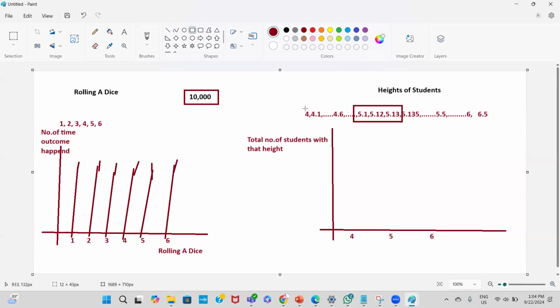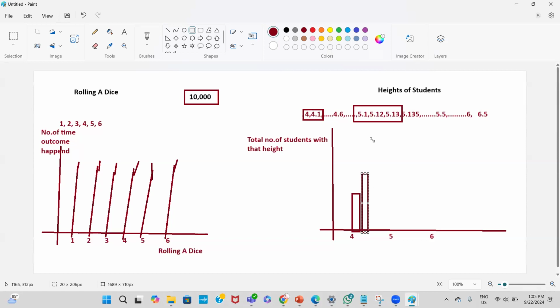Let's suppose I divide this into bins: from 4 to 4.1, I get 10 students in this range. And from 4.1 to 4.2, I got somewhere around 16 students falling within that range.